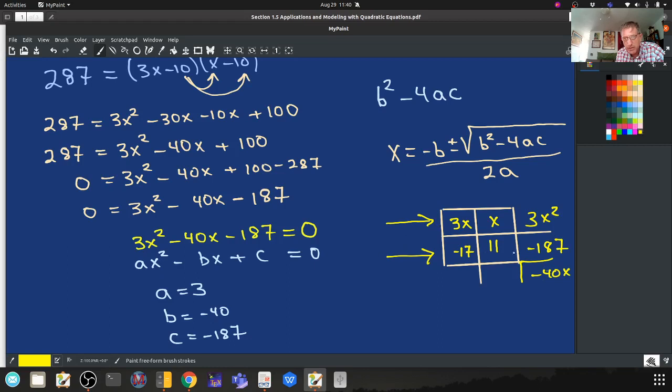When you multiply across you get minus 187. When you multiply down, that's going to be 11x, and that's going to be minus 51x. And then minus 51x plus 11x is minus 40x. So we get the factorization 3x plus 11. The factorization comes from doing the kitty corner.